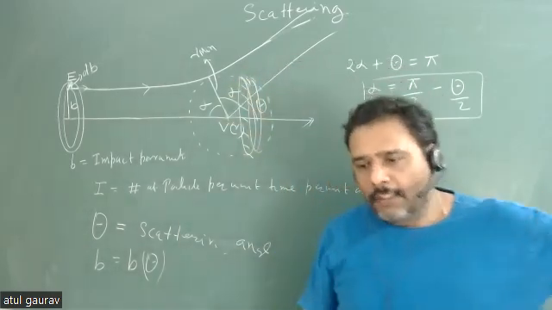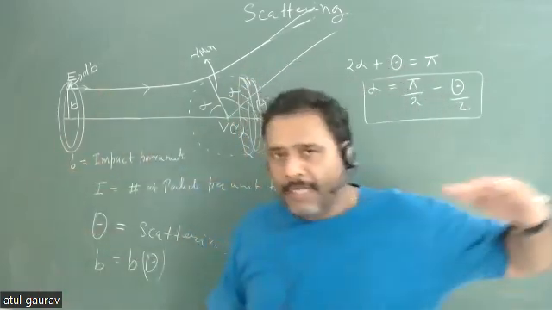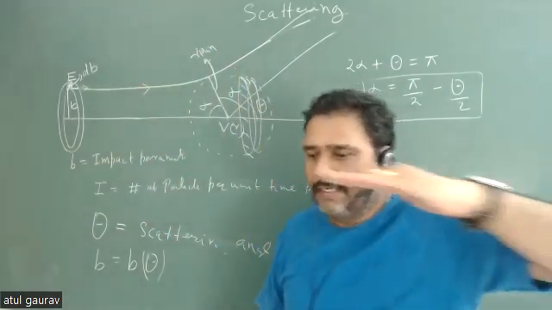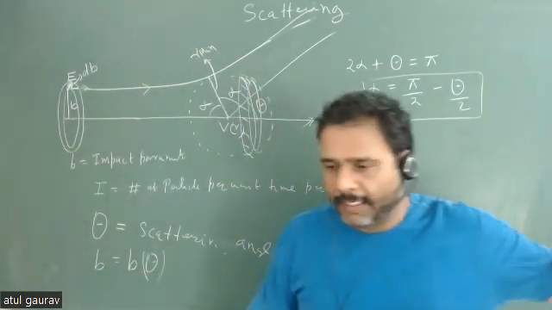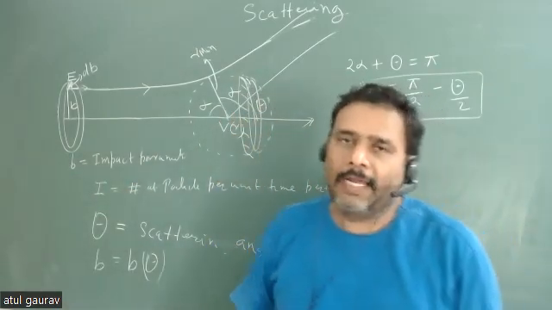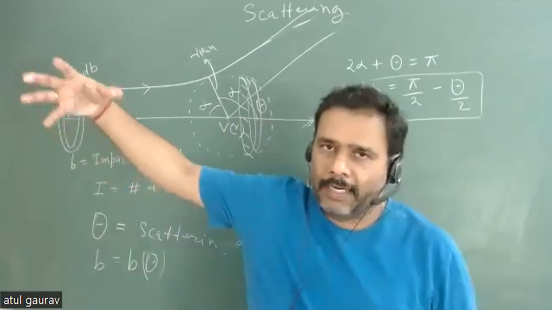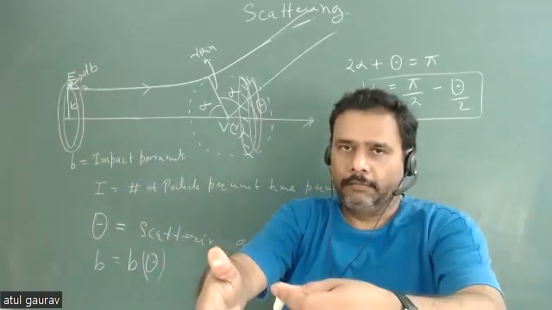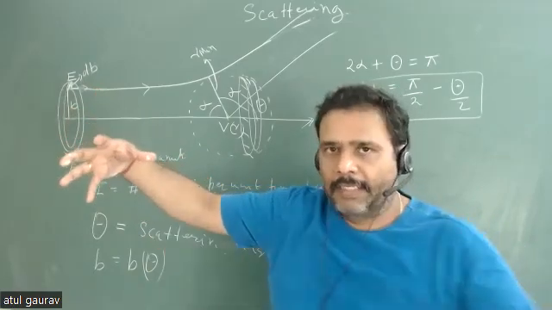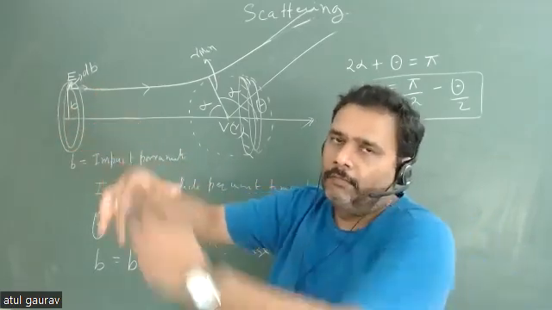Why? Because at the same b, the particle can come here and go like this, the particle can come here and go like this, the particle can come here and go like this. Are you getting my point? So you will collect the particles in all solid angles. You have some cone and you are attracting the particles into this particular cone.